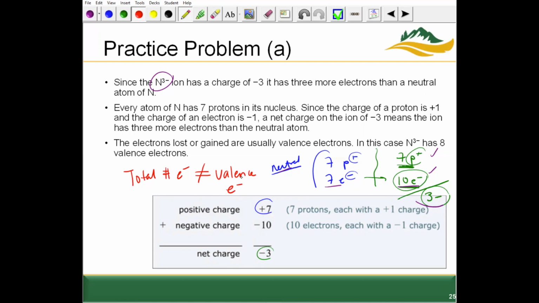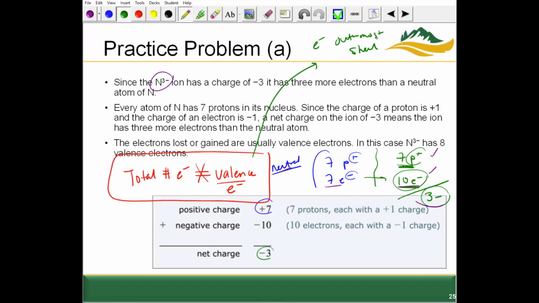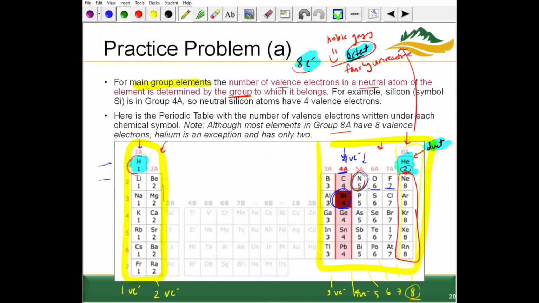Now, really importantly, the total number of electrons is not equal to the number of valence electrons. We define valence electrons as the electrons in the outermost shell. So while we have 10 electrons total for this anion of nitrogen, we only have the 5 valence electrons we started with for neutral nitrogen, then plus 3 additional valence electrons.